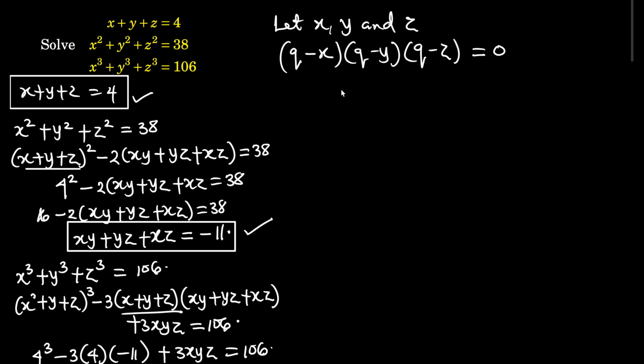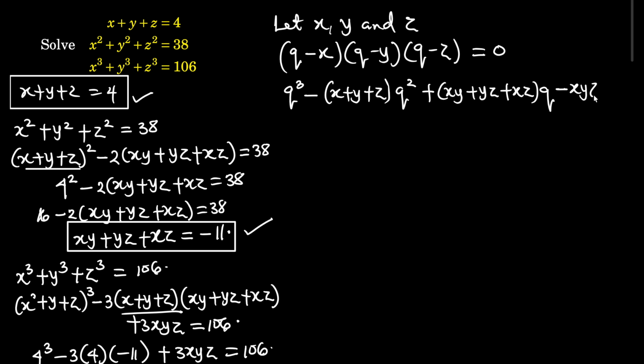Now when we expand this, we see that q to the power of 3 minus (x plus y plus z)q squared plus (xy plus yz plus xz)q minus xyz equals 0.